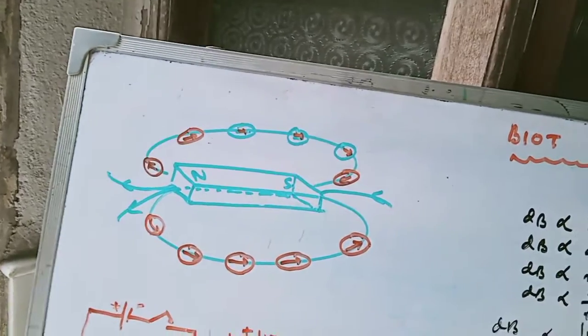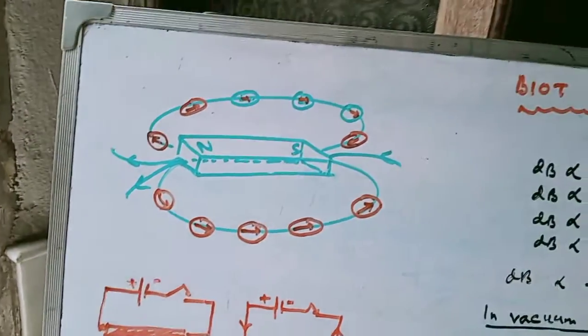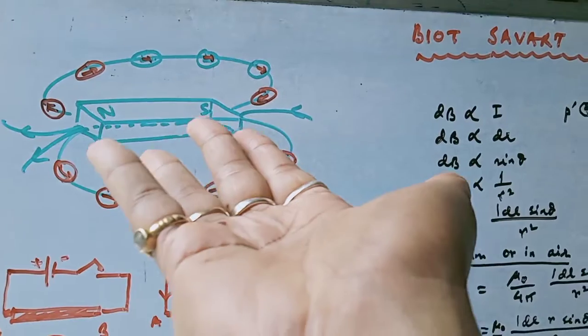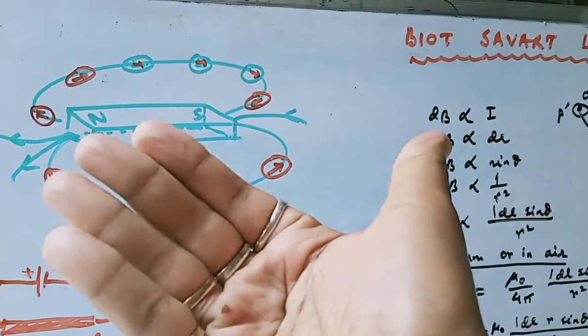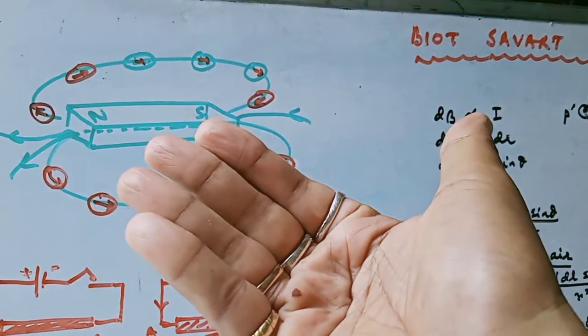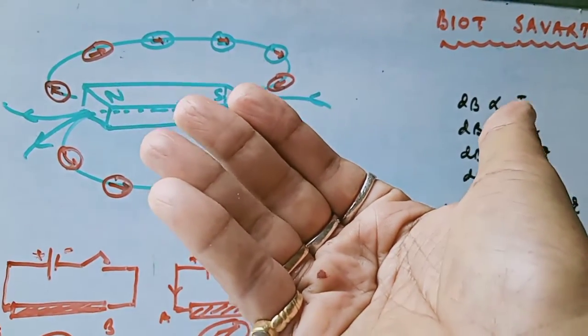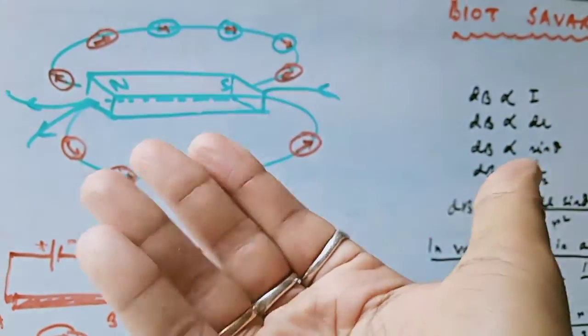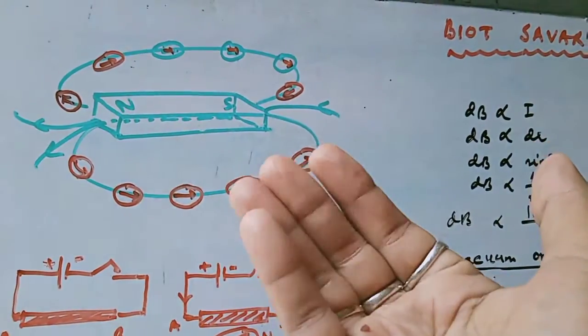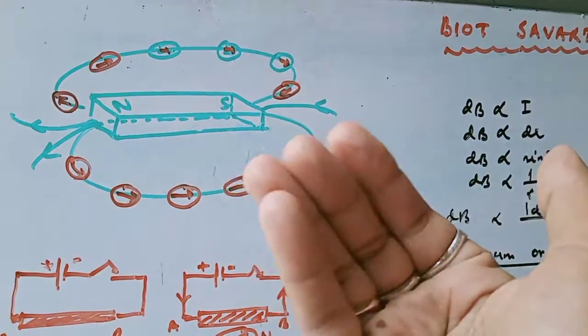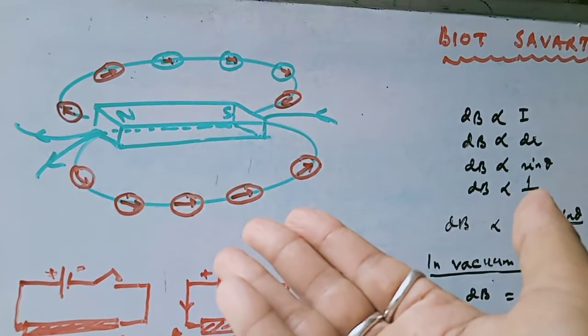If you stretch our right hand palm in this manner, see here, this thumb finger and the four fingers are mutually perpendicular to each other. If the thumb finger points in the direction of the current, then these fingers indicate the direction of the magnetic field.